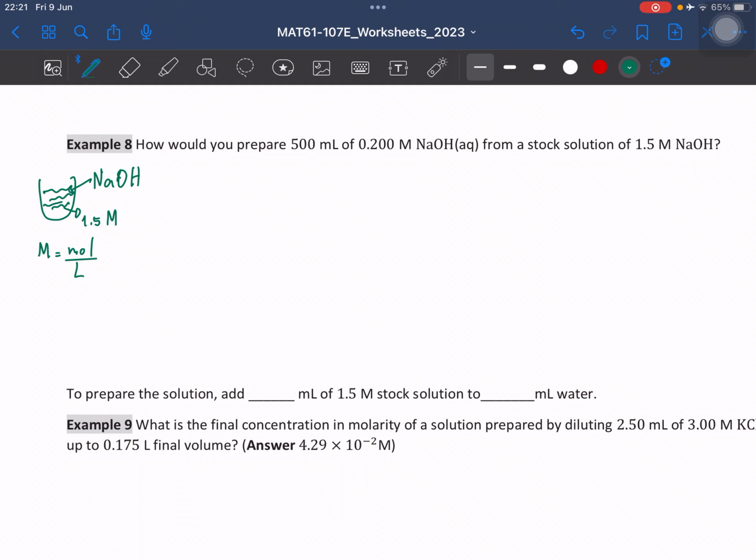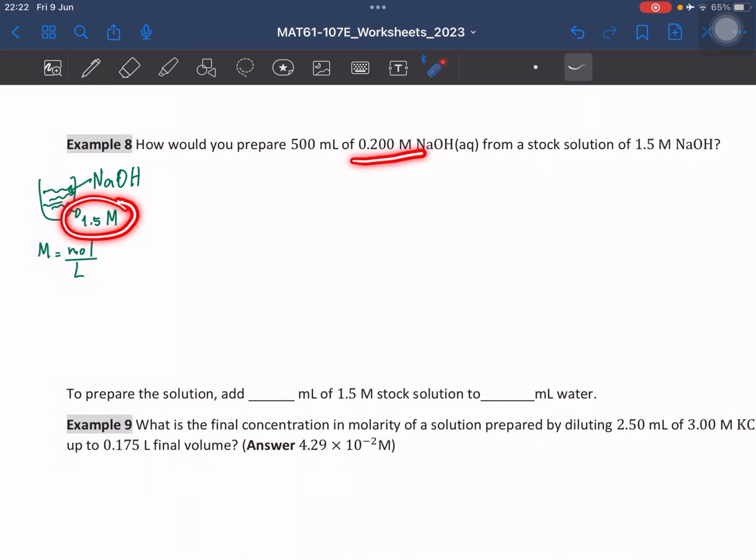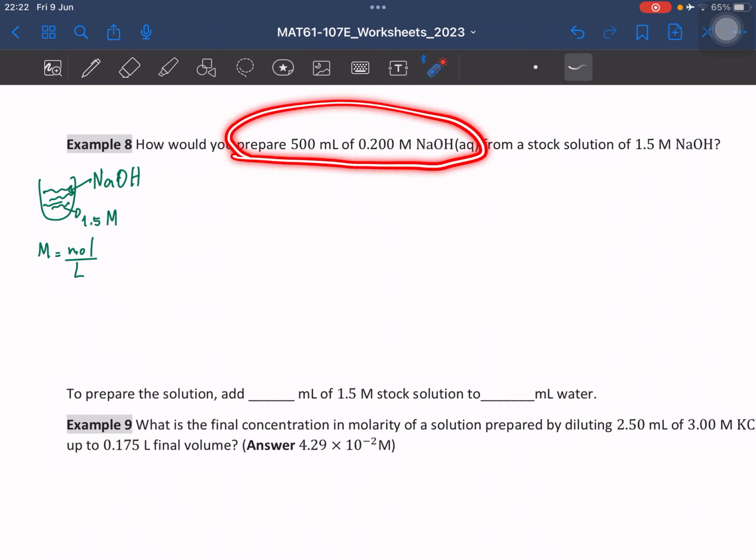That means at first you have the sodium hydroxide with this concentration and you want to dilute it to 0.2 molar, with the volume of the solution being 500 milliliters.